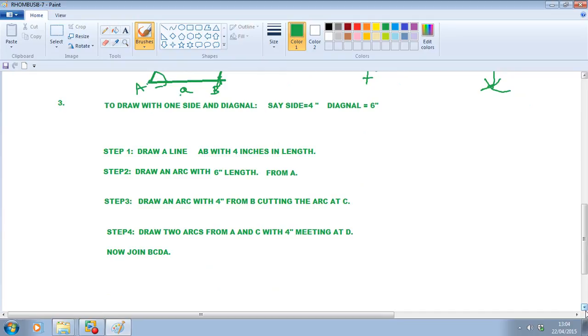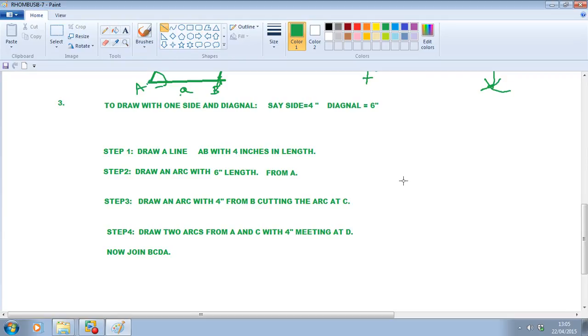To draw a rhombus with one side and a diagonal, say side 4 inches and diagonal 6. Steps we have given. Now draw a line AB with 4. I will show it. Please try using the instruments.